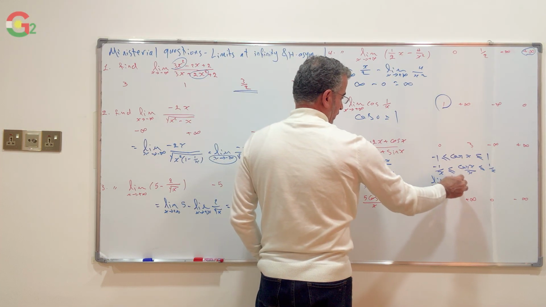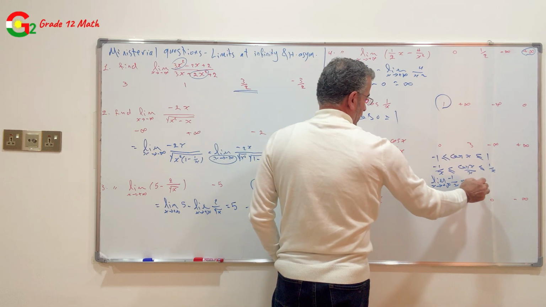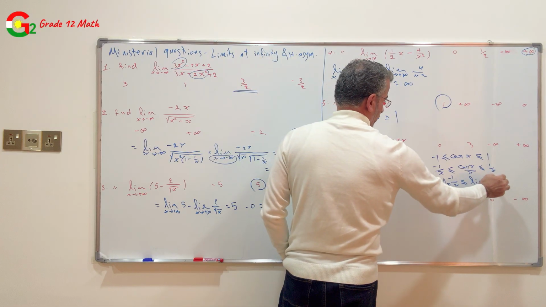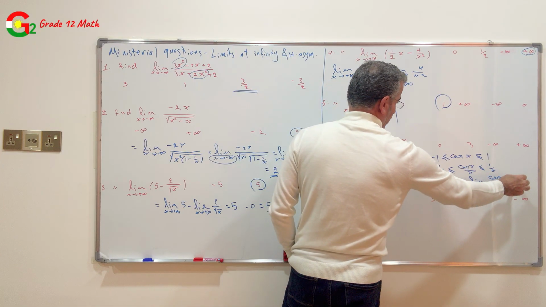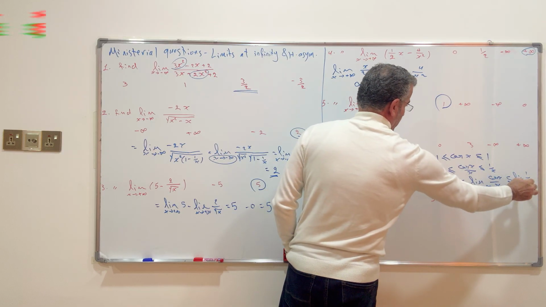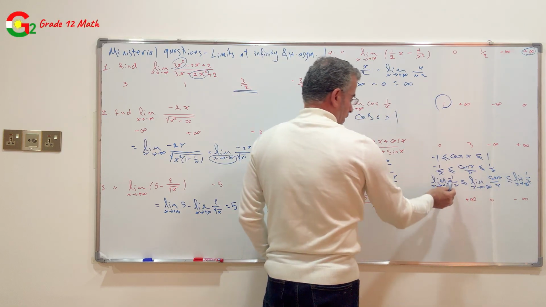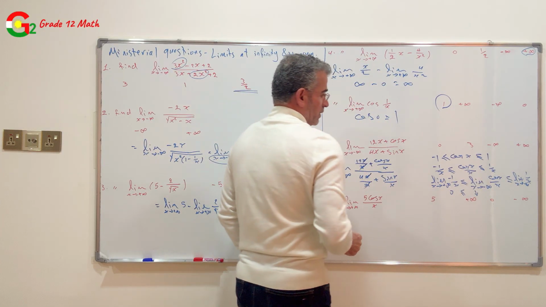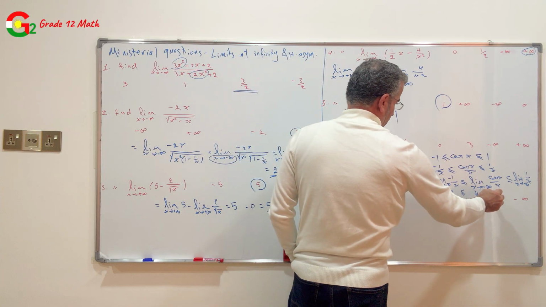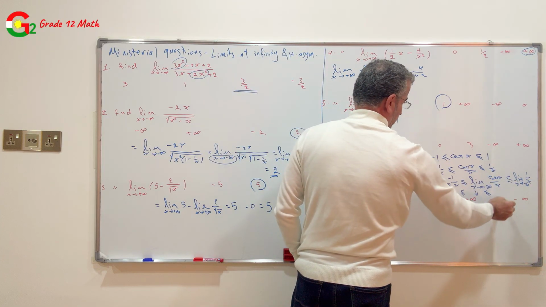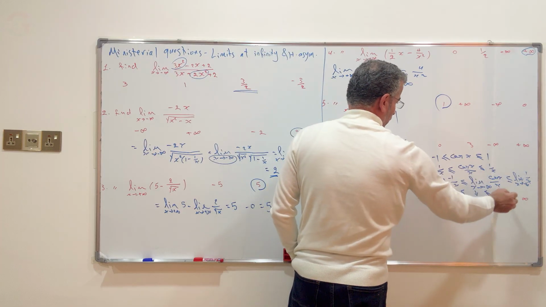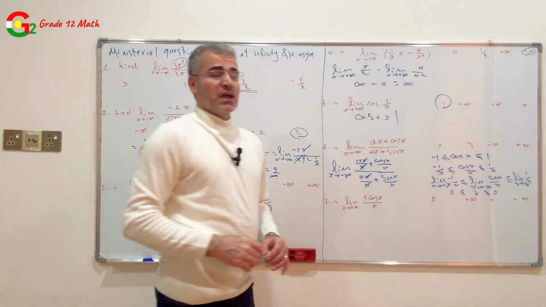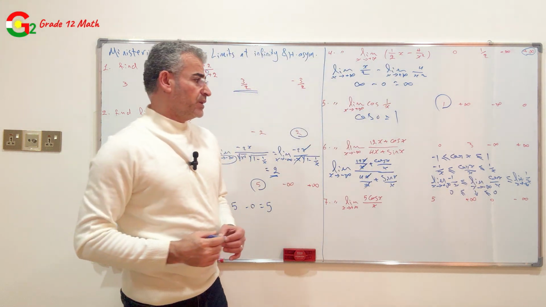Negative 1 over infinity is 0, less than or equal to the limit of cosine x over x, less than or equal to the limit of 1 over x, which is also 0. By the squeeze theorem, the limit of cosine x over x when x approaches negative infinity is also 0.